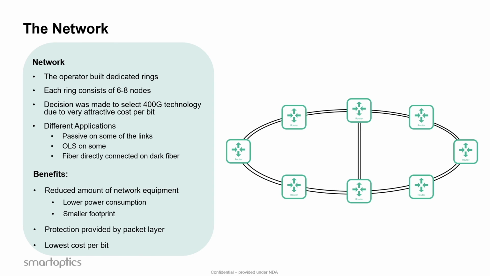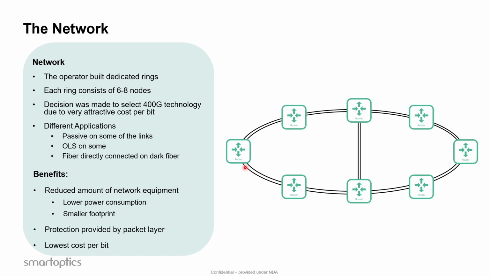The benefit that they saw was that it would reduce the number of gear, the network equipment, to provide lower power consumption and a smaller footprint in the network. Also, in this case, they run it like some of the router guys promote, with router-to-router hops, so they don't have any kind of routing capability in this network.